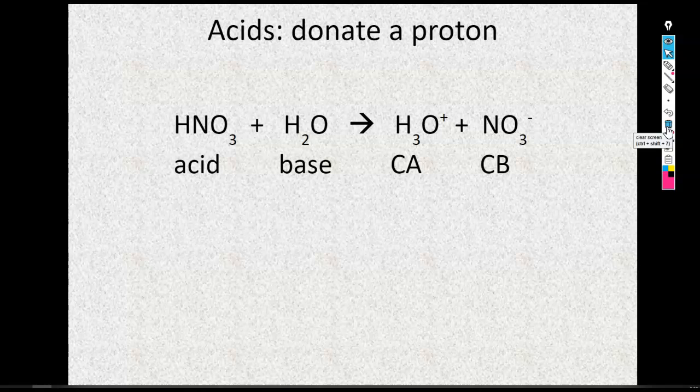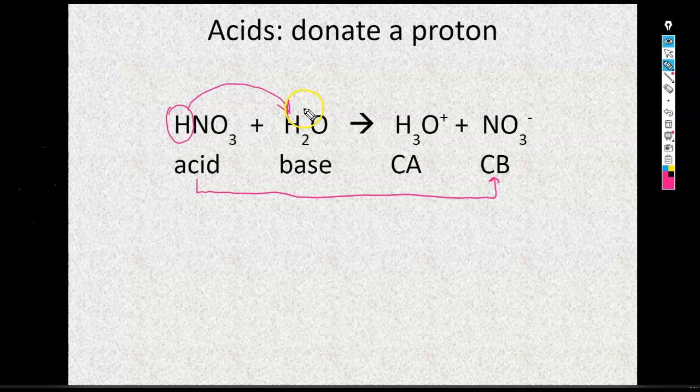All right, so acids donate a proton. So let's go ahead and take a look at this. Here is our acid, and here is its proton that it's going to donate. And as you know, the base has to be able to accept the proton. So the base is going to accept the proton, and so we need to know what the two acid-base conjugate pairs are. So first, the acid is paired up with its conjugate base because the conjugate base is what the acid becomes after it loses its hydrogen.